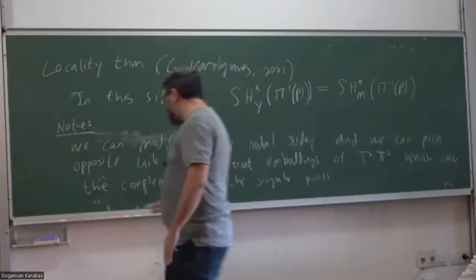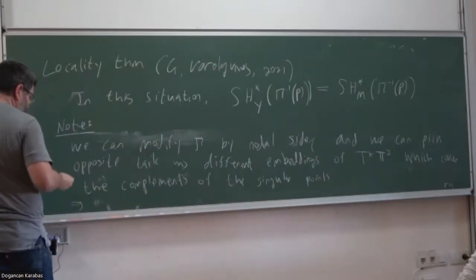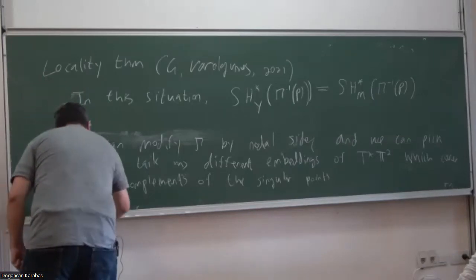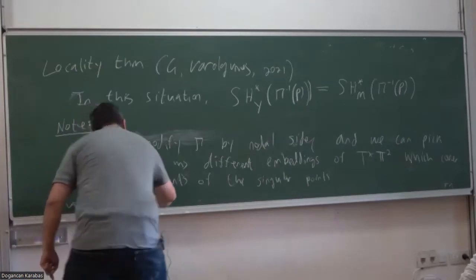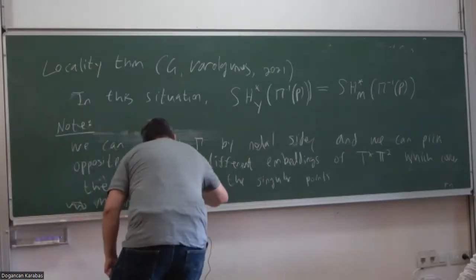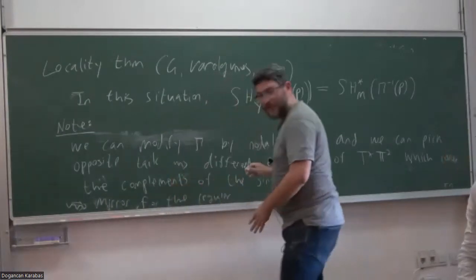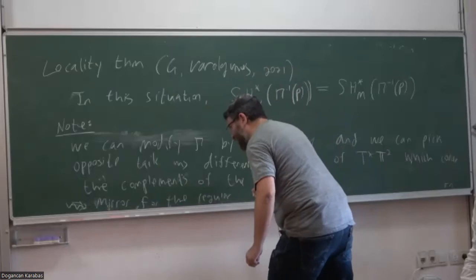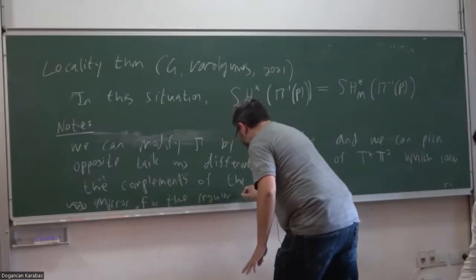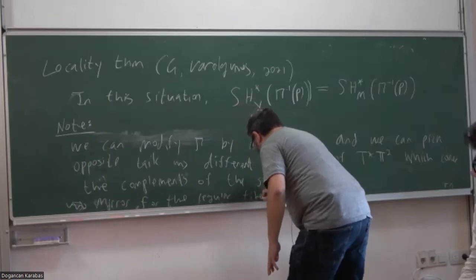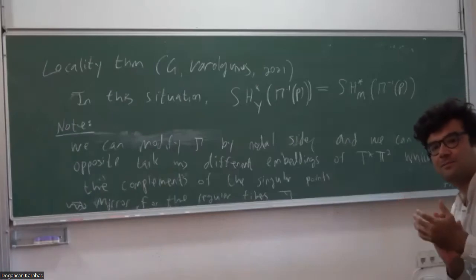So this tells you that this gives you the mirror. Unfortunately, I have to stop here, but maybe somebody will ask me a question about instanton corrections, and then I will be able to complete what I want to say. Okay, so this gives the mirror for the regular fibers.